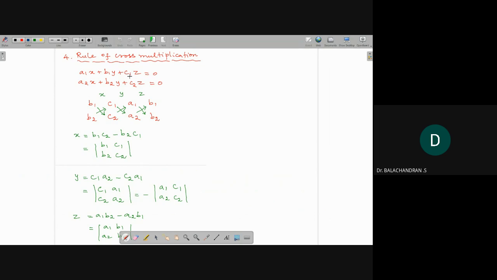First you start from the coefficient of y, b1, then the coefficient of z, c1, then the coefficient of x, a1, and end with the coefficient of y, b1. Similarly here: b2, c2, a2, b2. Then write x, y, z.